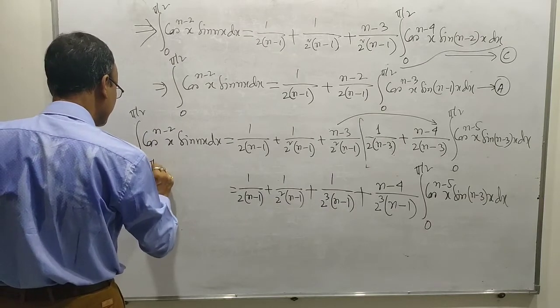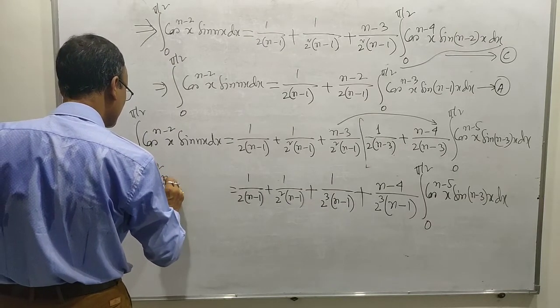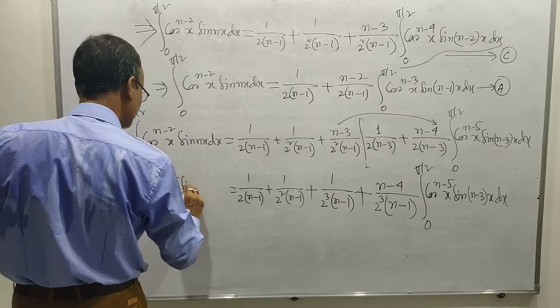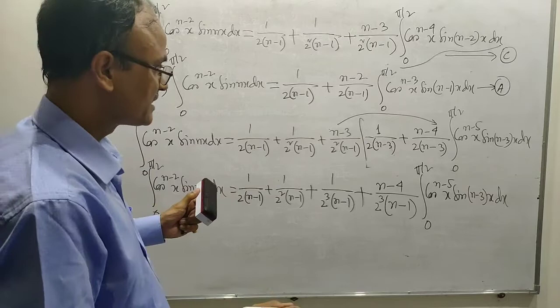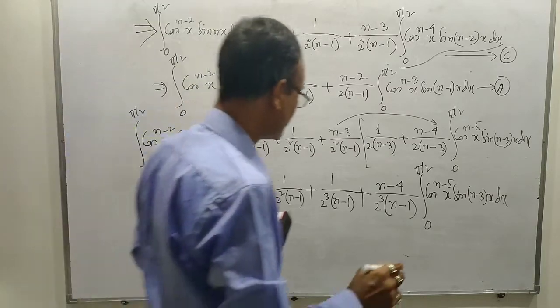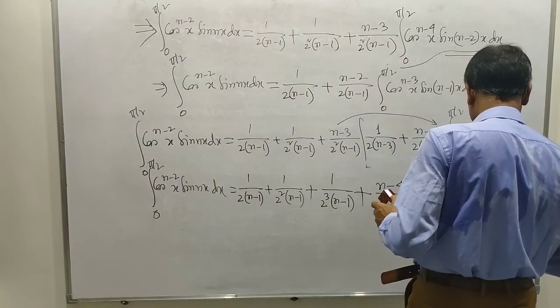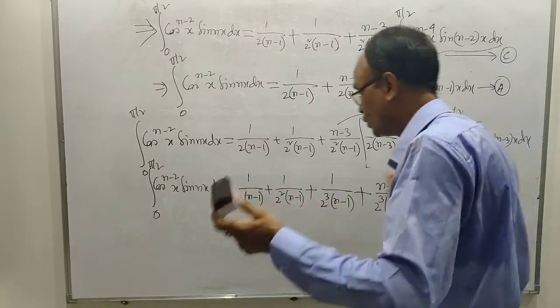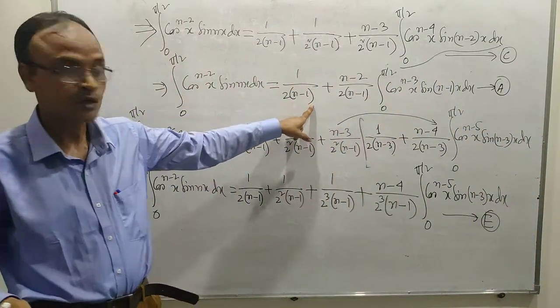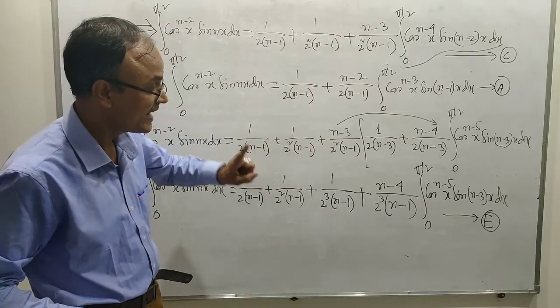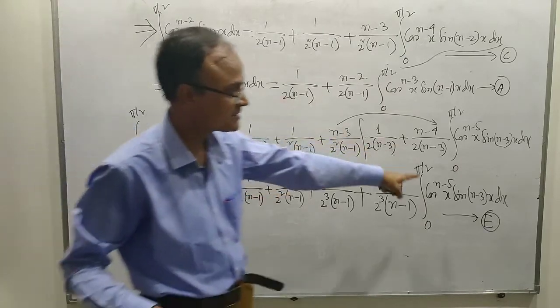In the left hand side, you may proceed in this way. Suppose this is number E. We shall proceed like this. Then in A, we will replace n by n minus 3.